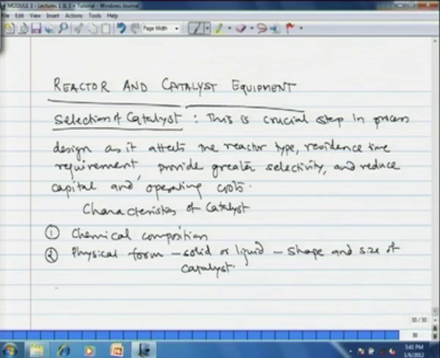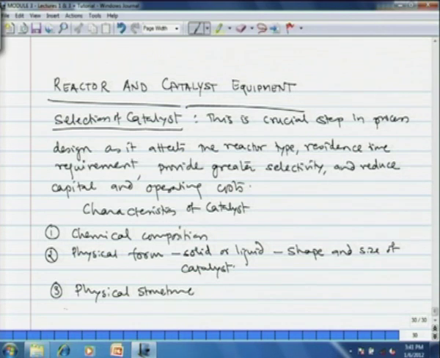Then the third aspect is the physical structure of the catalyst. Whether the catalyst is a complete solid or a porous solid, the catalyst sites are located on the surface. In some cases, the catalyst sites are inside the pore. So, the physical structure of a solid catalyst is very important, especially for gas phase reactions, because it can cause mass transfer limitation.